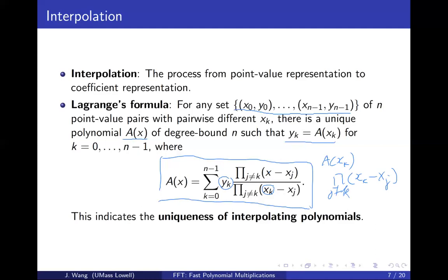That is exactly the same as the bottom. So they cancel each other, and then it has yk. So you have yk on that term. And then for any other term xj, when x is equal to xj, because k is from 0 to n minus 1... we don't really care. So this is for k.